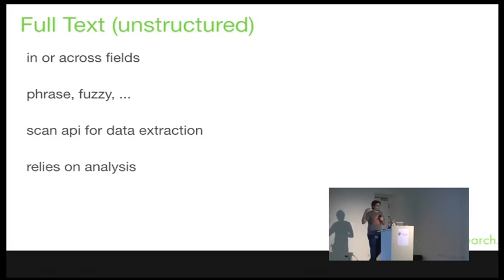So the full text search actually relies heavily on analysis, which is a process of the text coming in, and we need to analyze it to make it into a canonical format that we can then search on. This analysis process includes simple things like lowercasing and also fairly complicated things like stemming. And it essentially boils down to we have a text on the input and a list of tokens on the output.